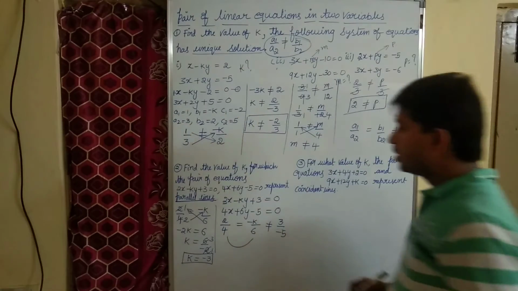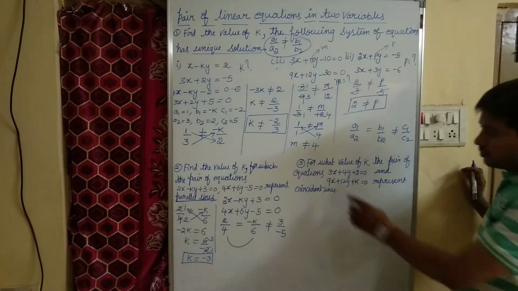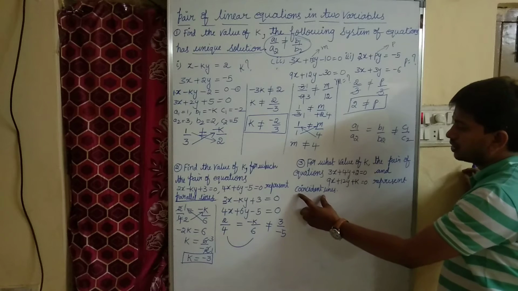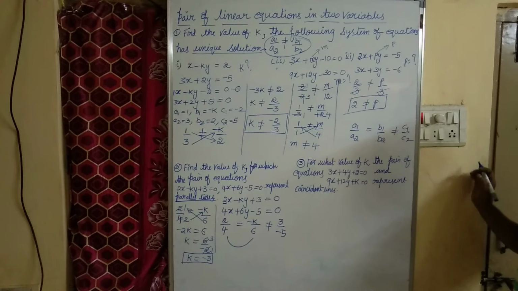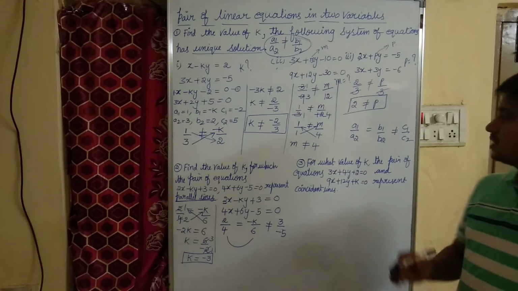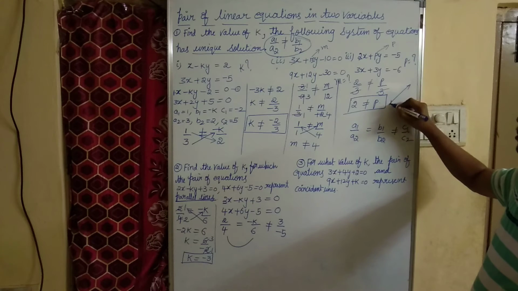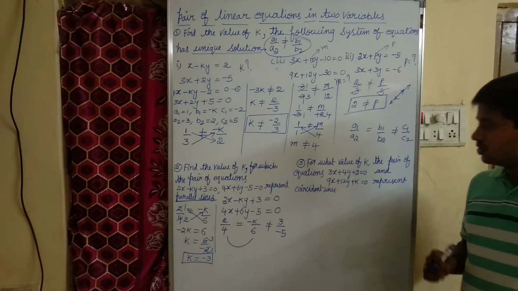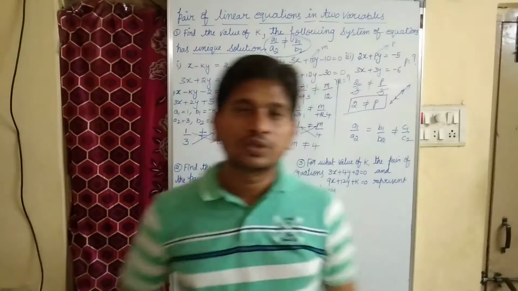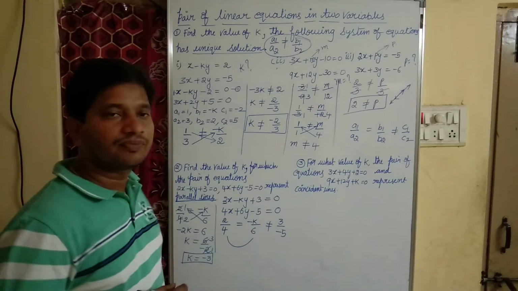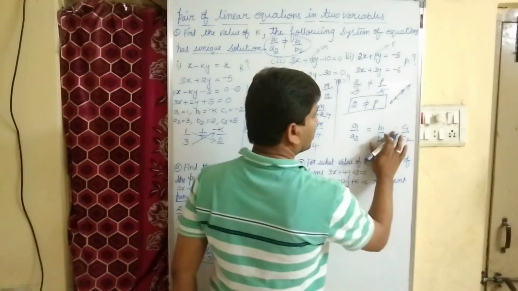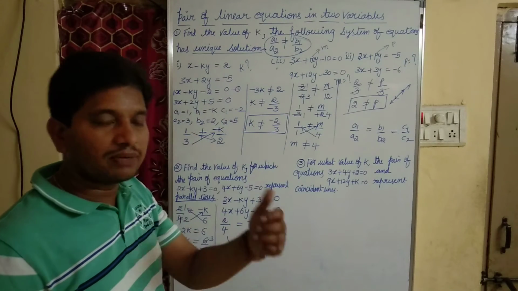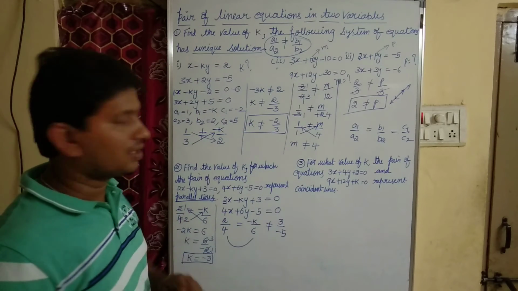Now coming to third one, for what value of k the pair of equations represents coincident lines. Coincident lines means they lie on each other, on the same line. Right? So the condition for coincident lines is a1 by a2 is equal to b1 by b2 is equal to c1 by c2. All three are equal.